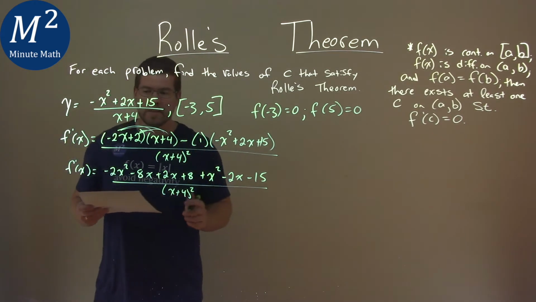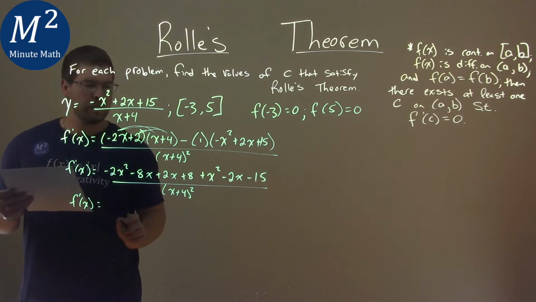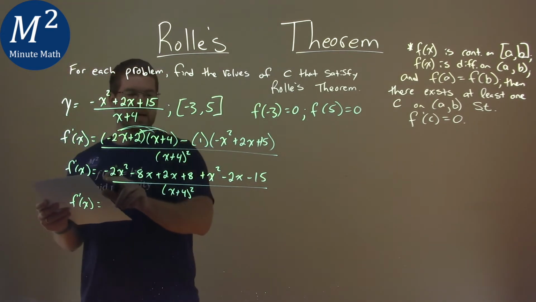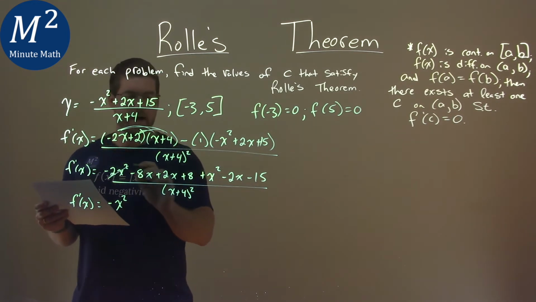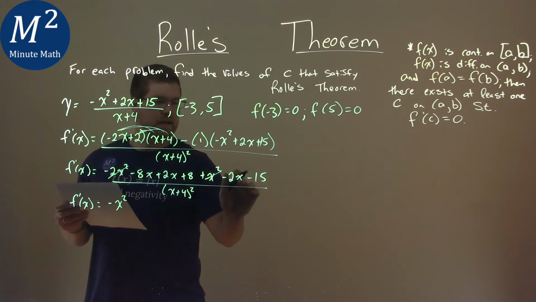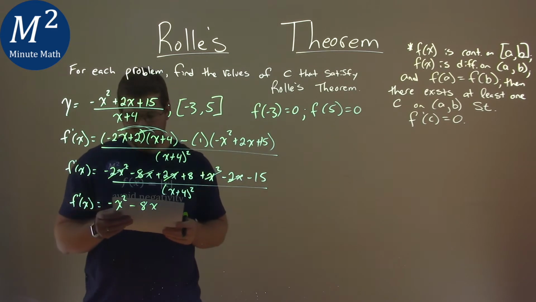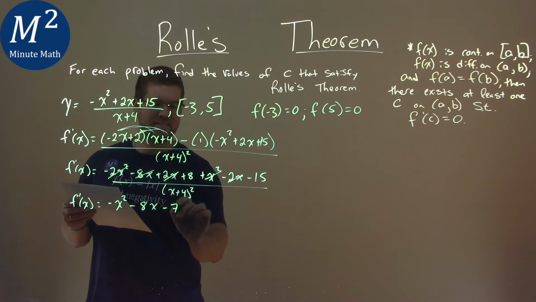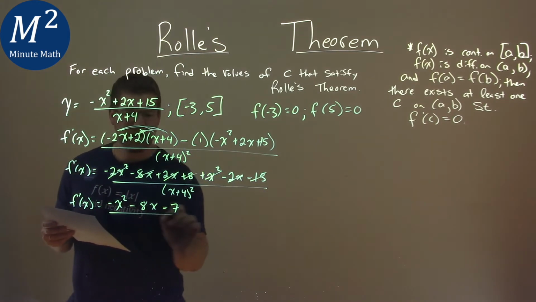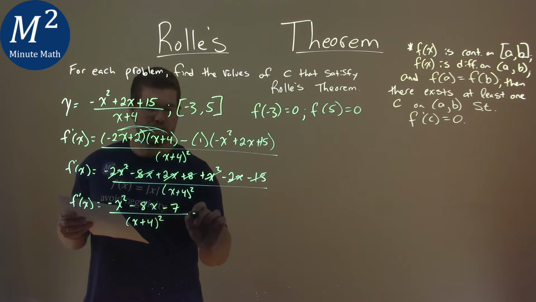Well, let's combine our like terms in the numerator, so f prime of x is equal to, we have negative 2x squared and x squared is just negative x squared. The 2x and negative 2x cancel, and so we're left with just minus 8x here. And then 8 minus 15 comes out to be negative 7, all over our denominator, x plus 4 squared.